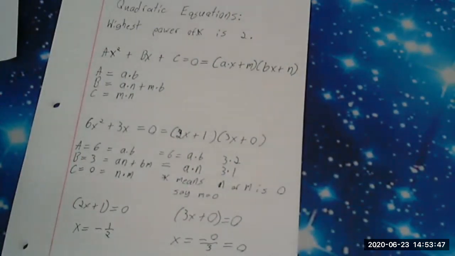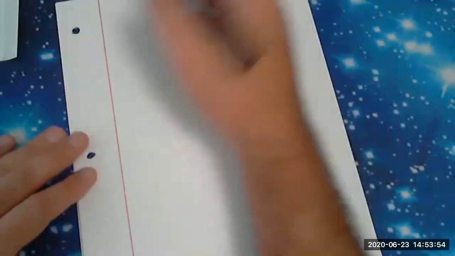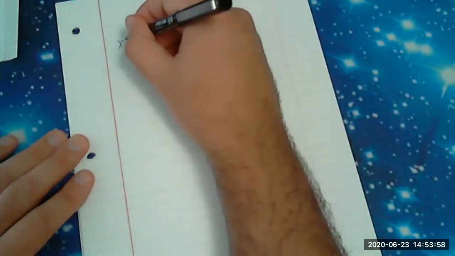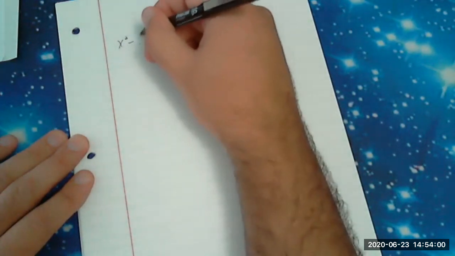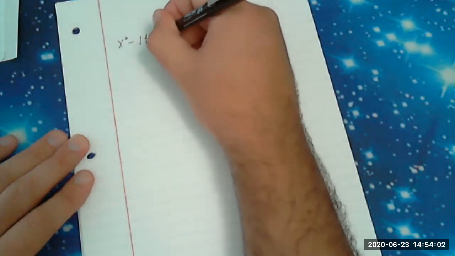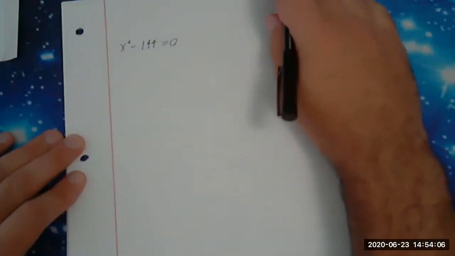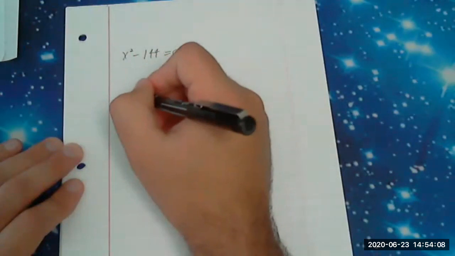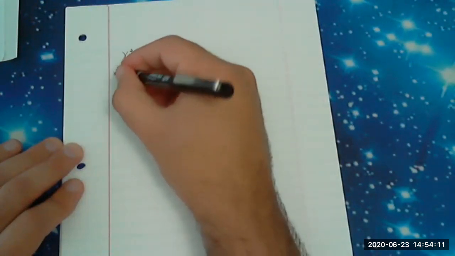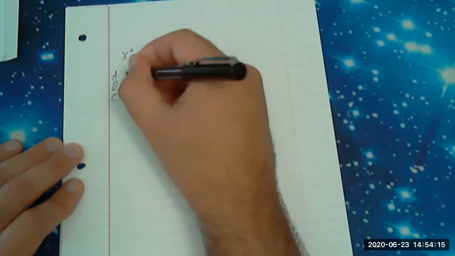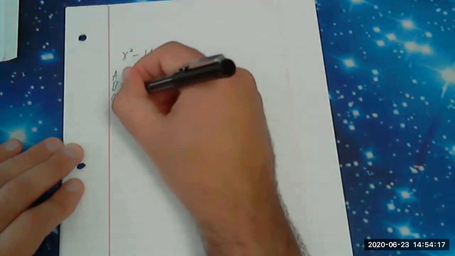So let's do another one. How about x squared minus 144? Okay. So again, you can do the long drawn out way, and it's all about what works for you.